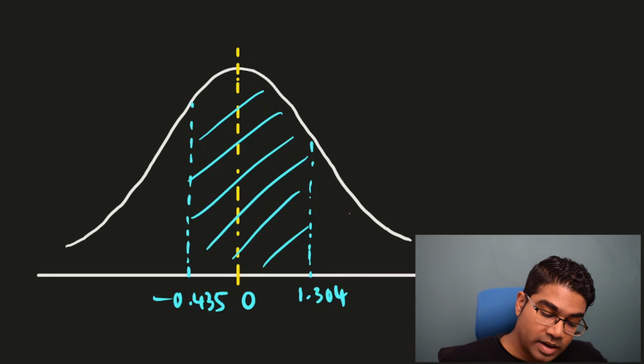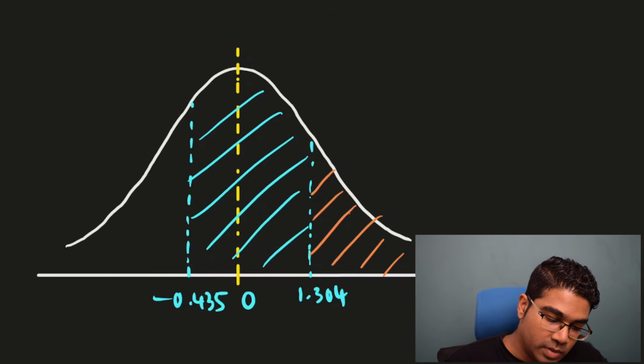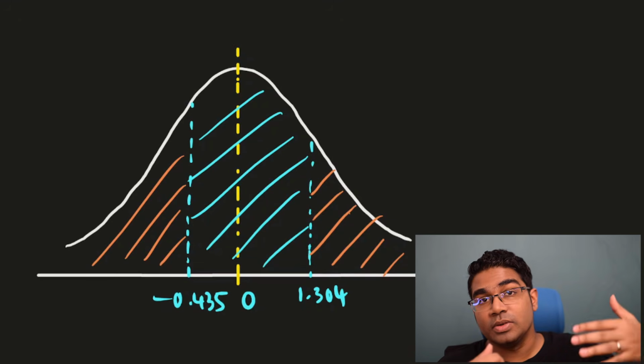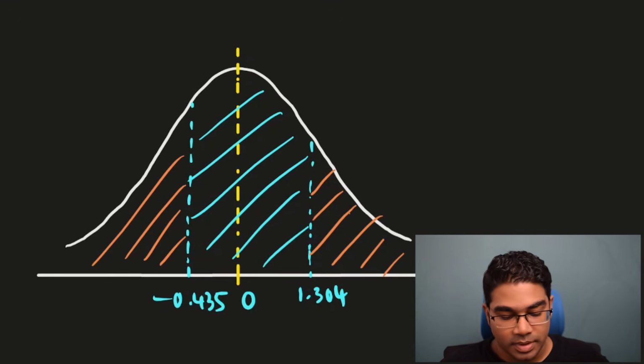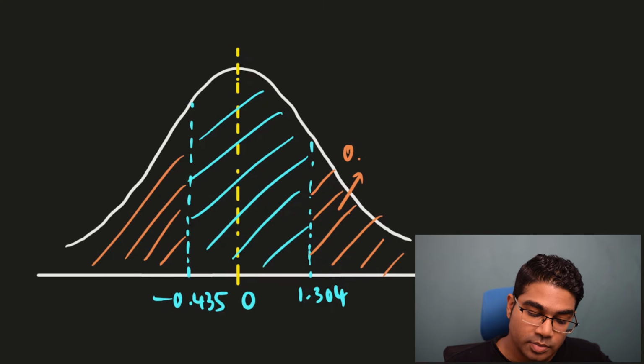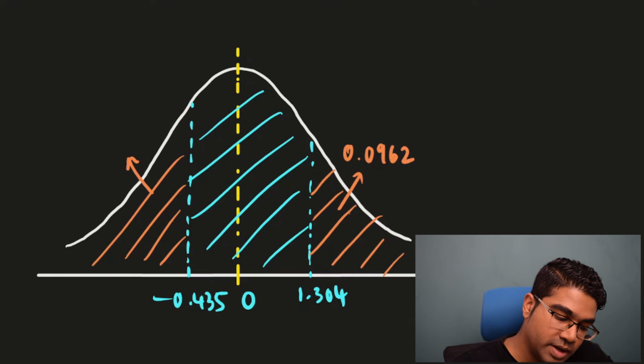If we have an upper area and a lower area, this can be found using the methods that we used in the first and second example. We have already found this value. This is 0.0962, and we've also found this value 0.3318.